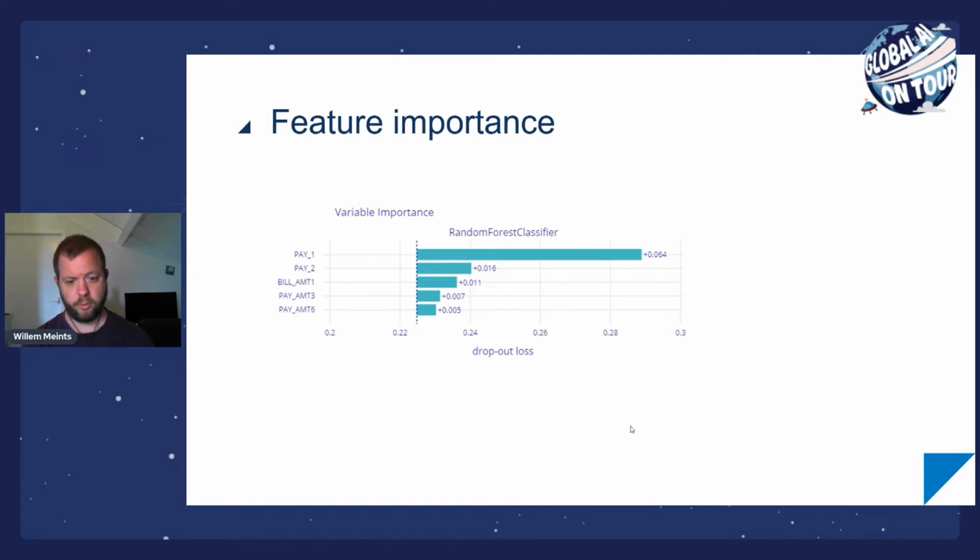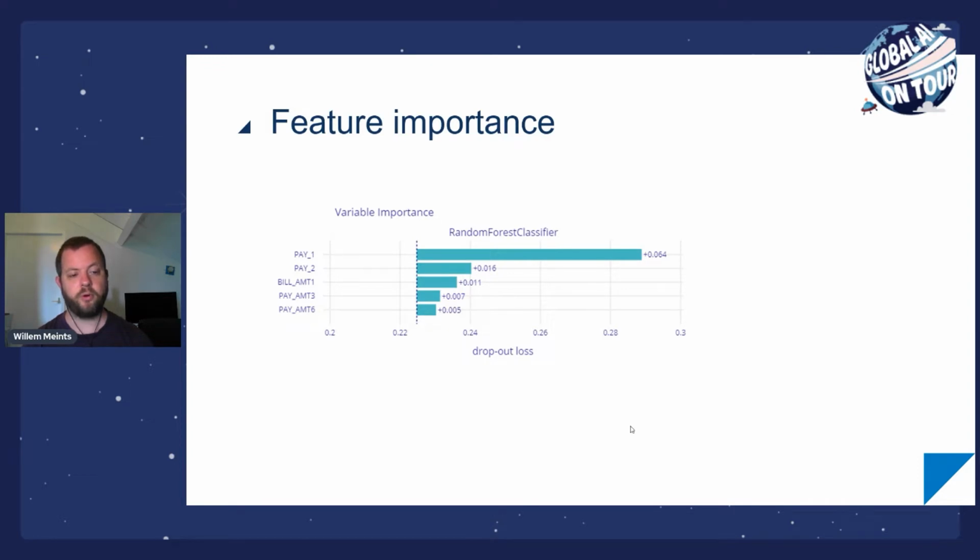So if I were to change the pay_1 feature in my data set and score the model, I'm getting a 0.064% change in accuracy for my model compared to what it's doing normally.